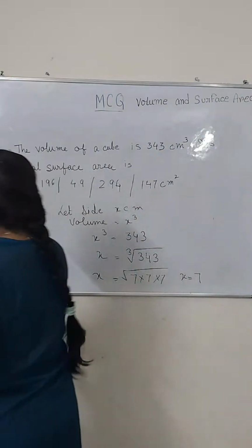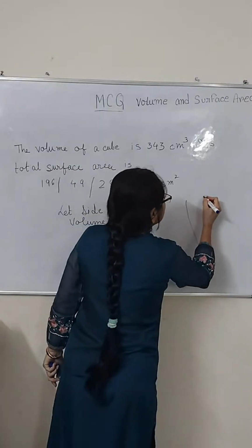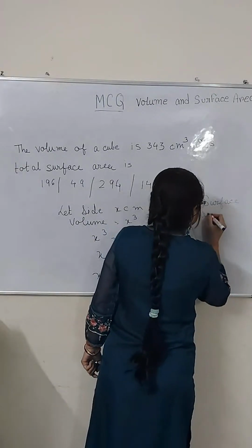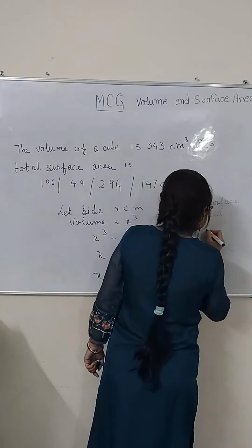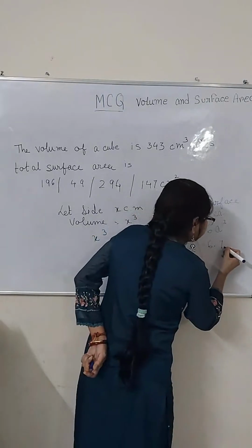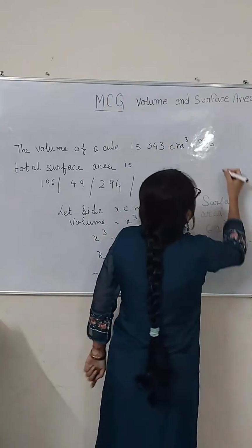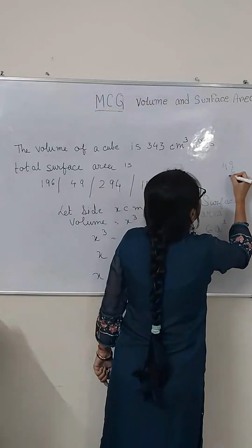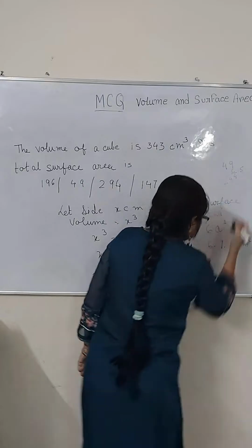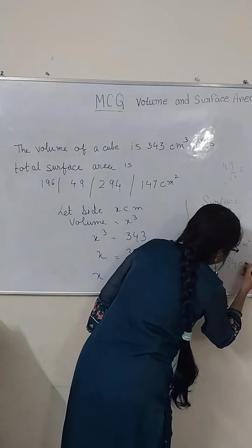Now surface area is 6a square, 6 into 7 into 7, centimeter square.